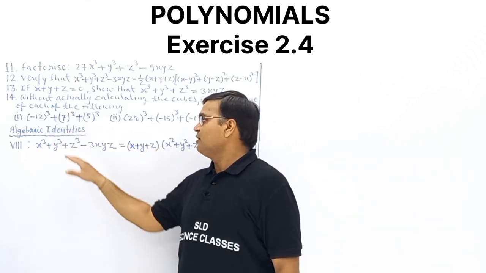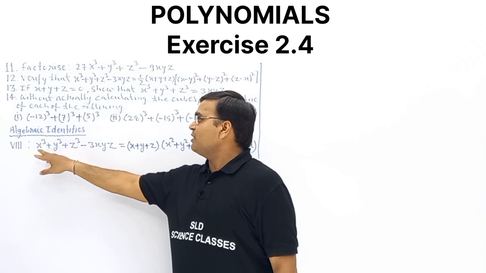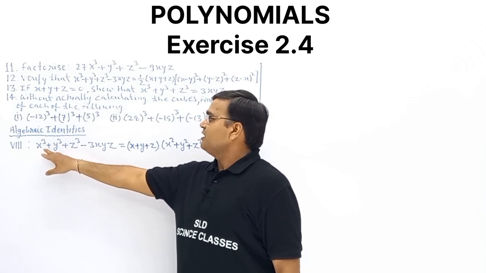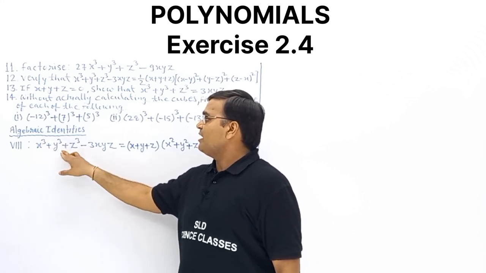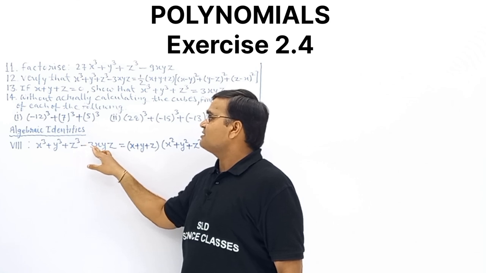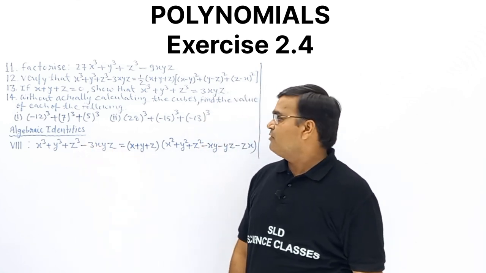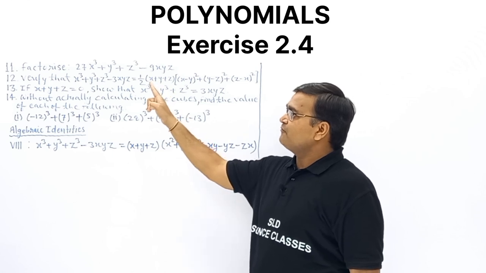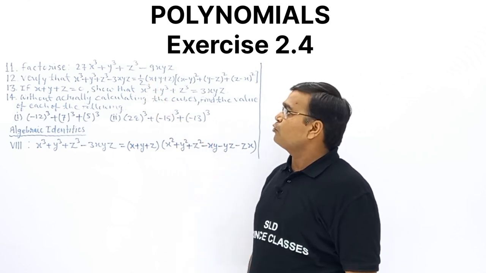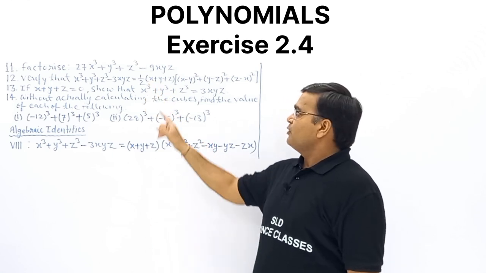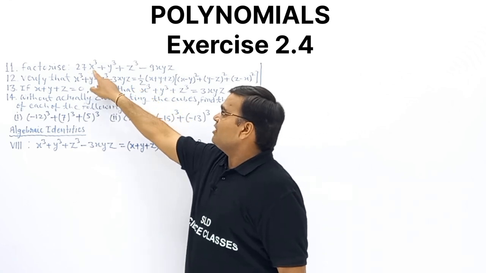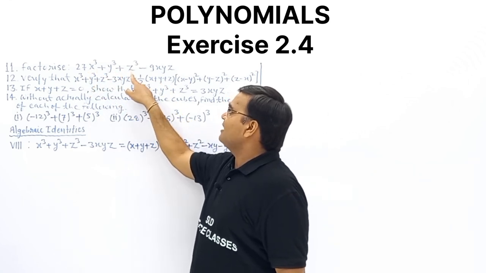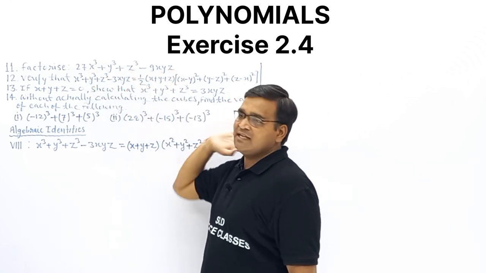So how will we factorize this? If we have an expression in the form of x cube plus y cube plus z cube minus 3xyz, then we will factorize like this. Now question number 11 is: we want to factorize 27x cube plus y cube plus z cube minus 9xyz.